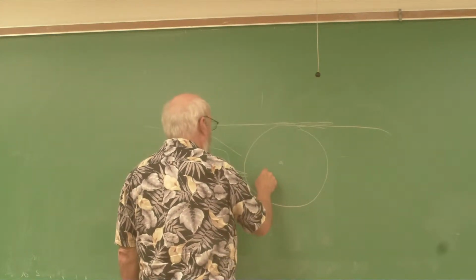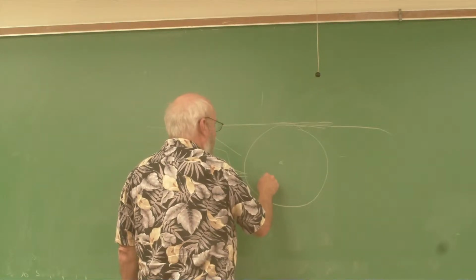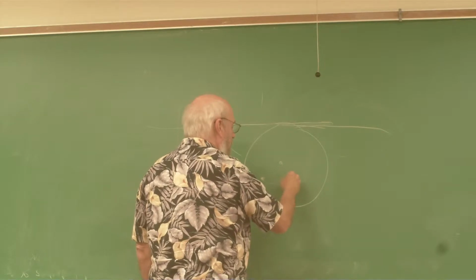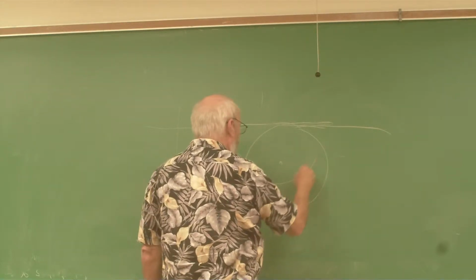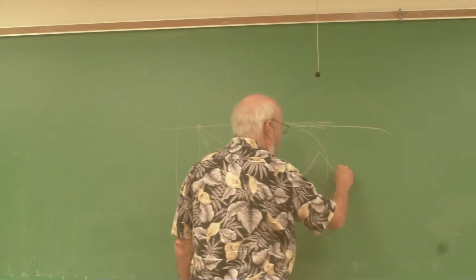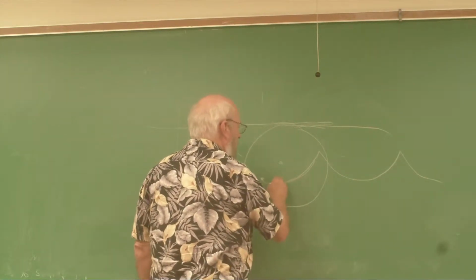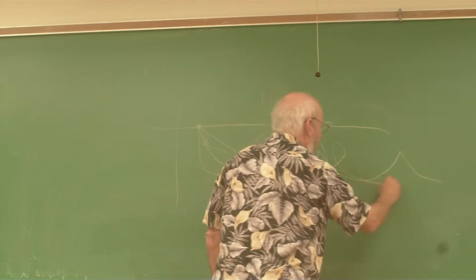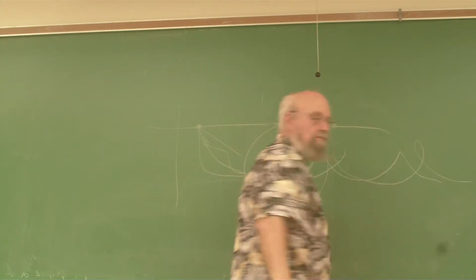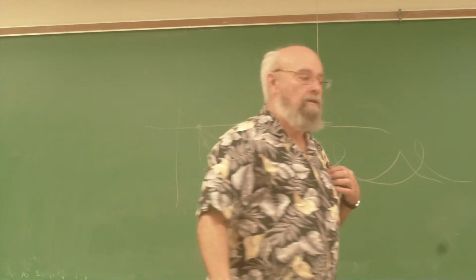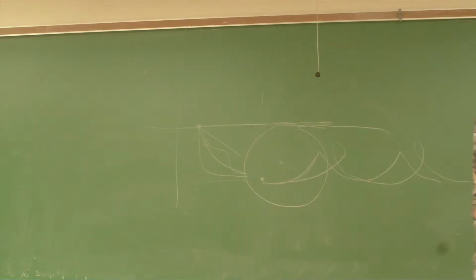And it's the trajectory that this thing describes as this wheel rolls along. So depending on the ratio of the diameters, it can be this kind of thing, or it can be the kind of thing that goes like this. Right? Yeah, you can see them in gyroscopes.